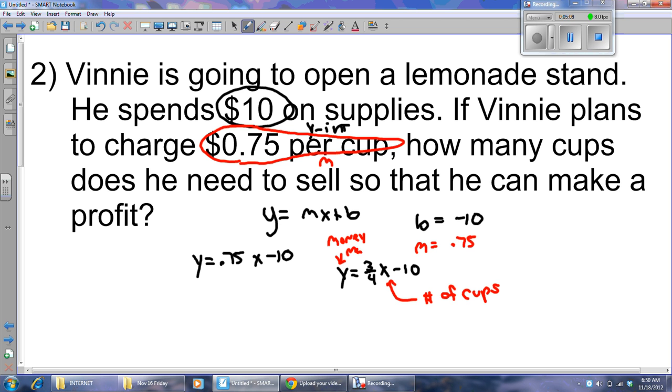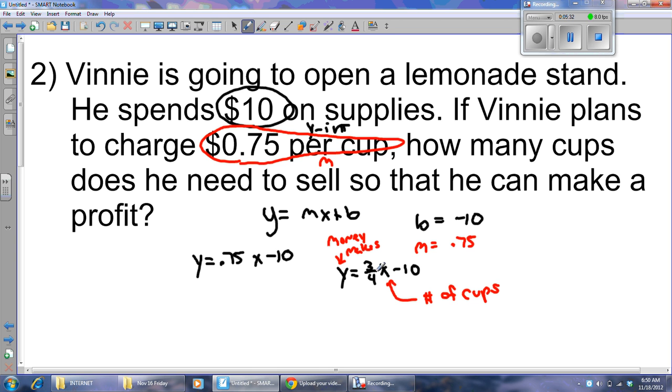So if you think about this, if he doesn't sell any cups, he would have made negative $10, right? Let's say he sets up his lemonade stand and he goes out and it's raining, and it's like 40 degrees. Nobody's going to stop and buy lemonade. And he's sitting out there with an umbrella and he's getting all wet. He's not making any money.